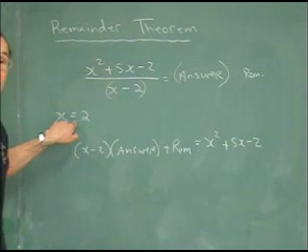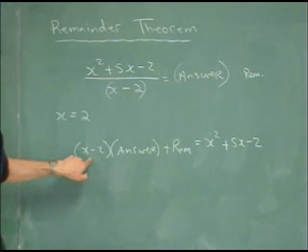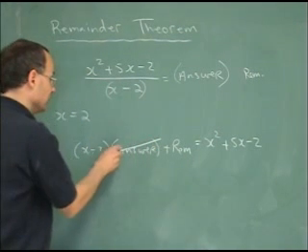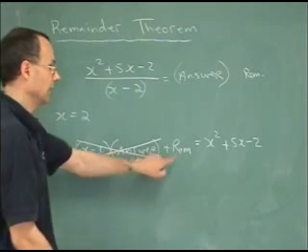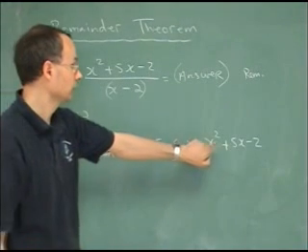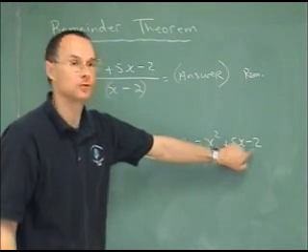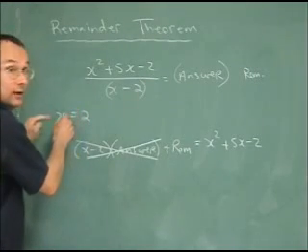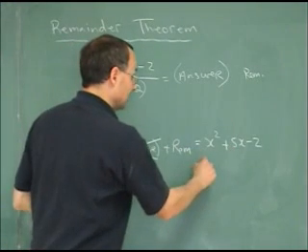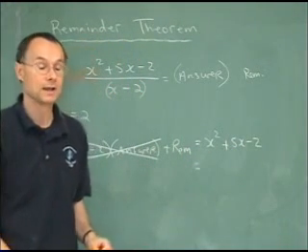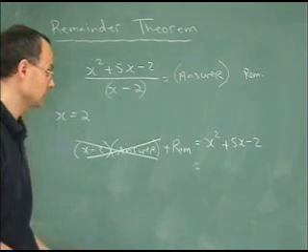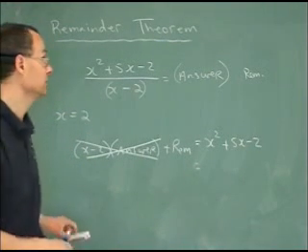And by choosing an x value of 2, this turns to 0, wipes this out, and you're left with the remainder equals x squared plus 5x minus 2. And we know x is 2, so we're going to calculate that by putting the 2 in for x. It's a handy-dandy way of finding the remainder without doing all the long division.